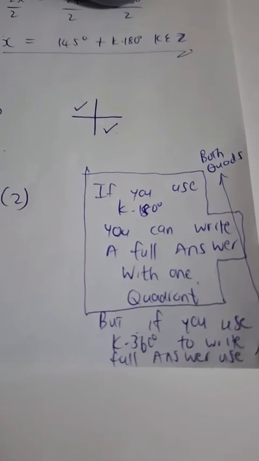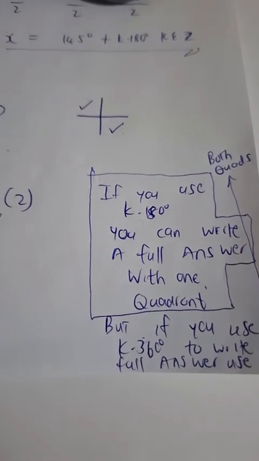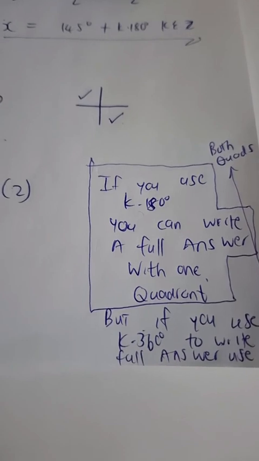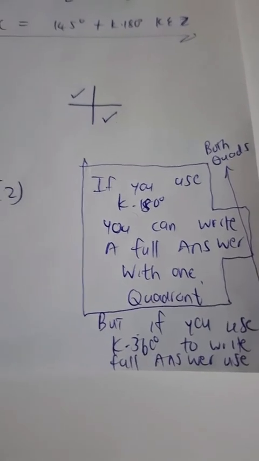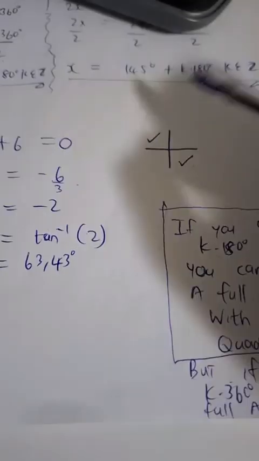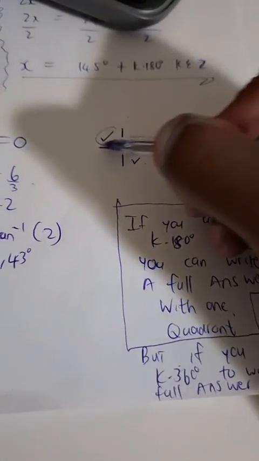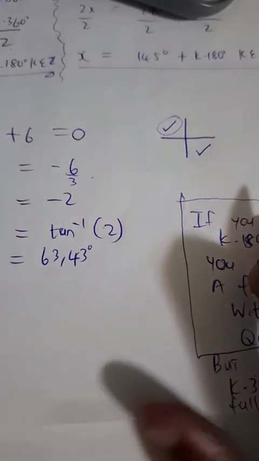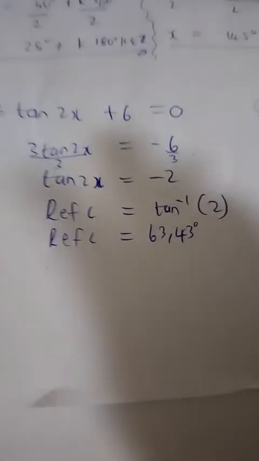For the basic mother tan graph, the period is 180 degrees. So I genuinely love using K180. All you do is identify one quadrant if you're going to use K180, and that one answer will satisfy everything. It just is like that.